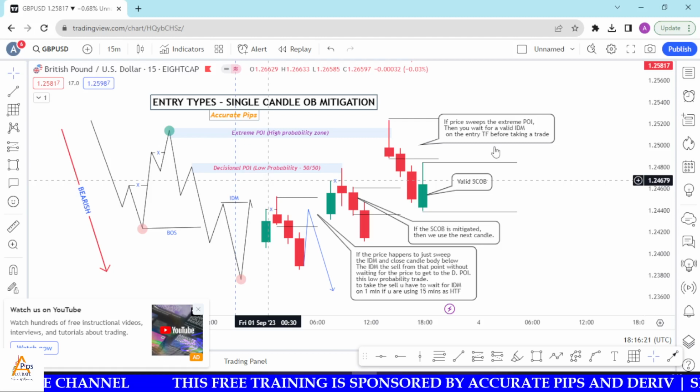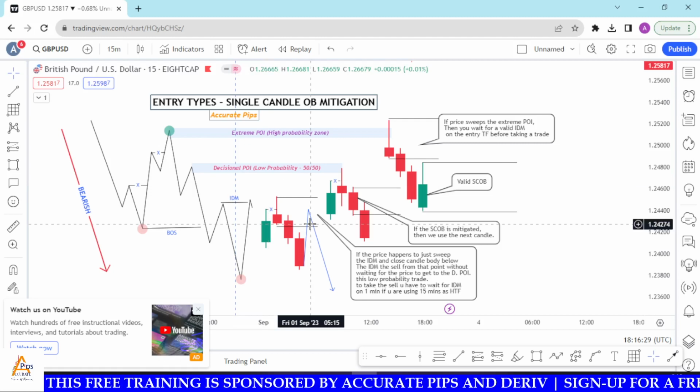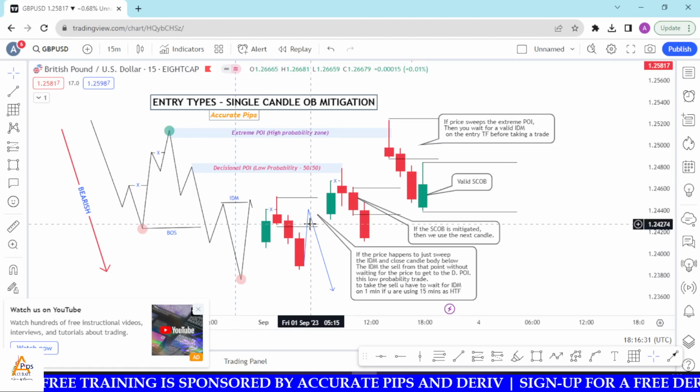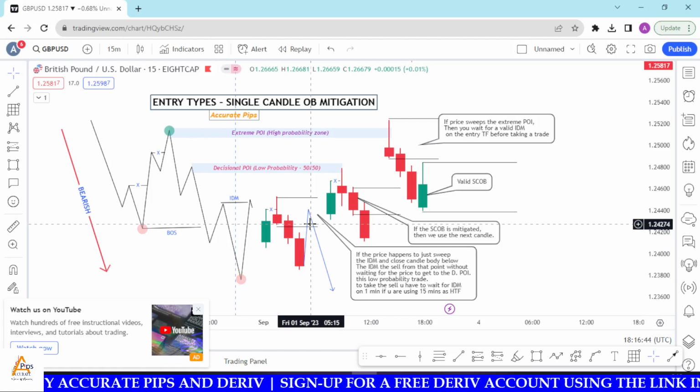Okay, so everything I'll be doing here, if I say higher time frame, I'm referring to 15 minutes. That is for this demonstration. If I say entry time frame, I'm referring to 1 minute. But if we talk about higher time frame, it means any time frame that is bigger than the current time frame.